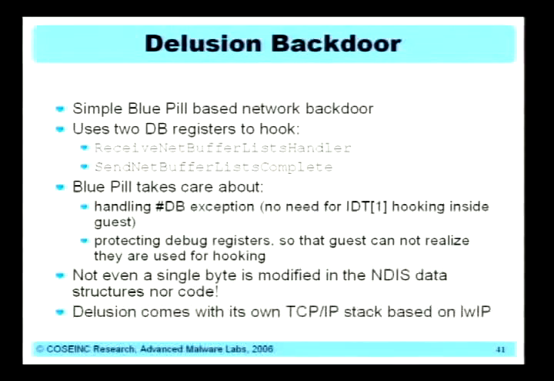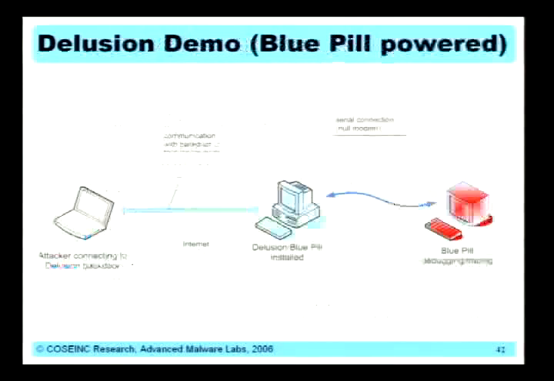And of course, Deep Door, like every good network backdoor, comes with its own private TCP/IP stack, which is based on lightweight IP, a popular stack used for microcontrollers. And now this is how the demo looks. This is the scenario, right? So we have a computer which will be blue-pilled, and we have an attacker computer which will connect to this backdoor.